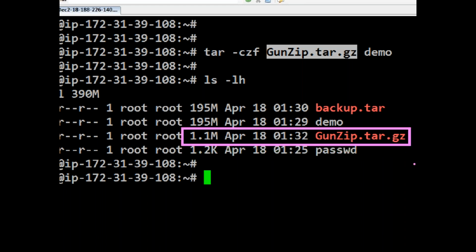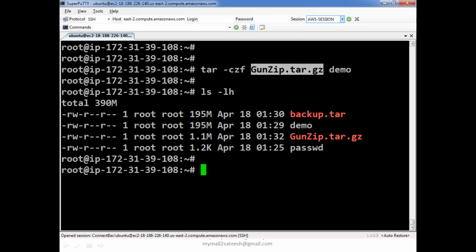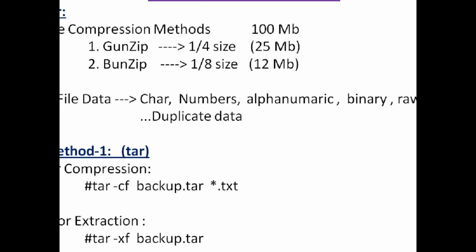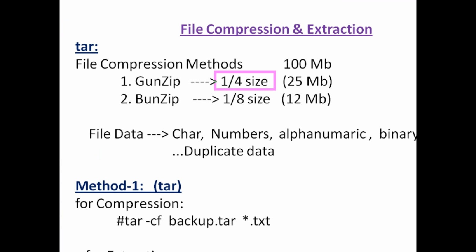Only 1.1 MB. But what we said here is that if you apply the gzip method, you'll get about 1/4 size. Approximately, if this is a 100 MB file, you should get 25 MB.